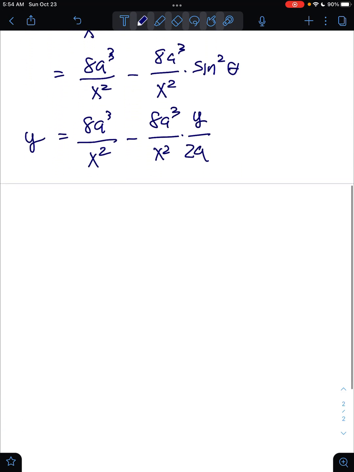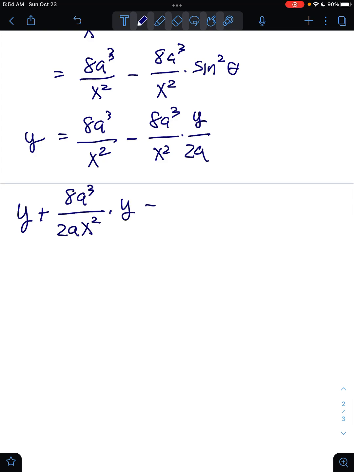So to solve this for y, I need to get all my y's on one side. So I will go y plus 8a to the third over 2ax squared times y, and that equals 8a to the third over x squared.